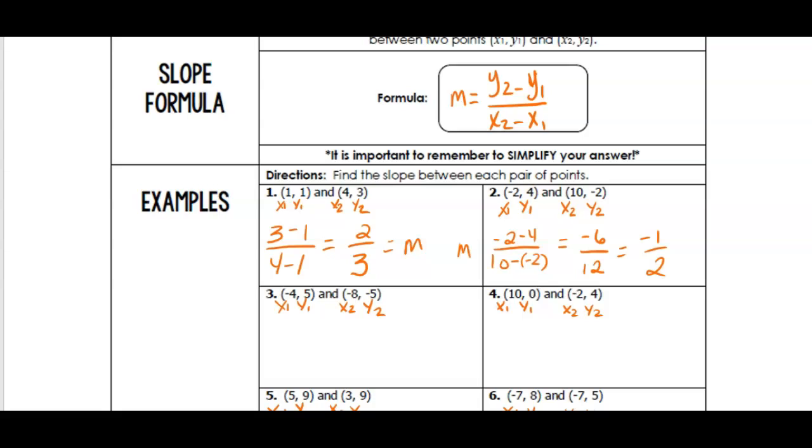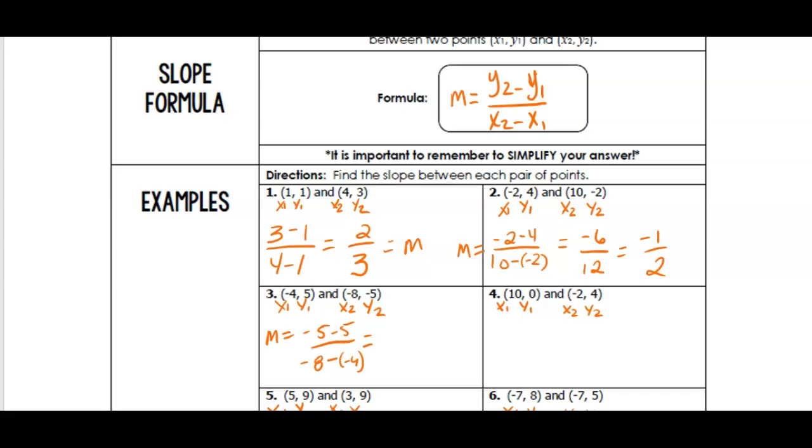The other thing that we should be adding in here is that this is our m. So whether you write it in front or at the end, we are calculating our slope. So down here, m equals, and I got to pick up the pace here because I only got a couple minutes of video space left for the day. So -5 minus 5, that's y2 minus y1, and I have -8. Again, two negatives equal a positive, so I have -8 minus -4.